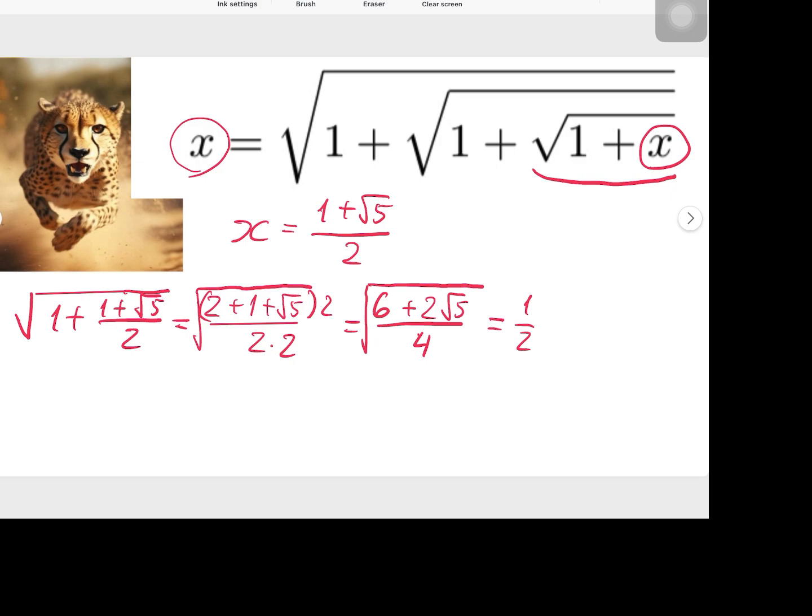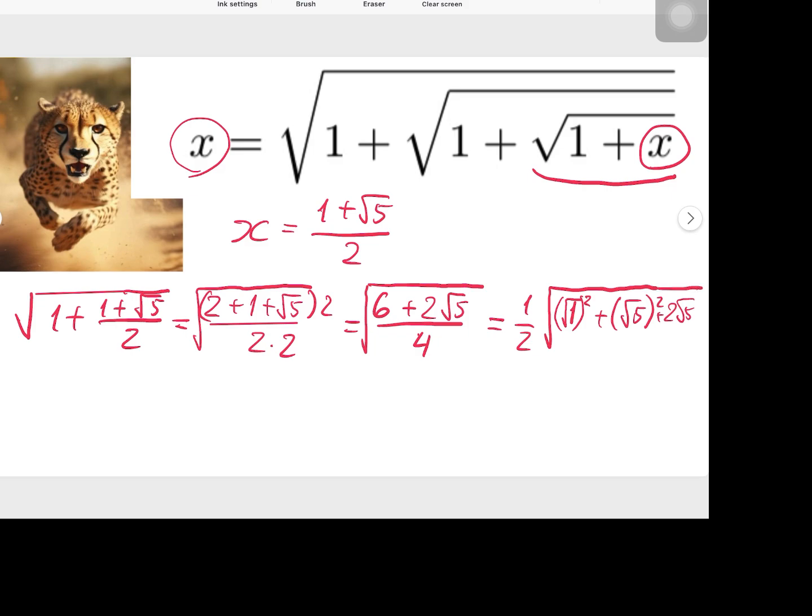And 6 can be represented as 1 squared plus square root of 5 squared to complete the square. So we can say 1 squared, the way you want, and then square root of 5 squared plus 2 square root of 5.